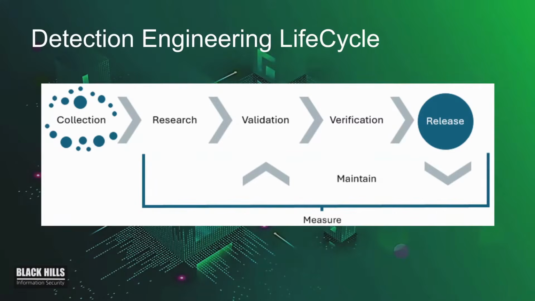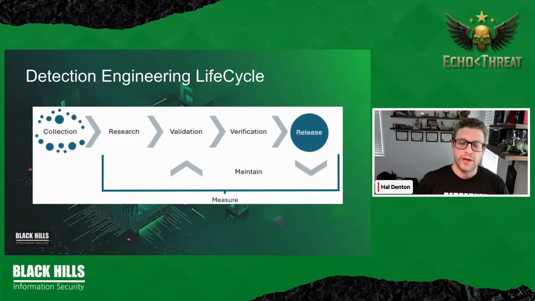So there's the collection phase, the research phase, the validation phase, verification, release, maintain, and measure. Those are all the steps required to create, deploy, and monitor your detection once it's been deployed. And today we're mainly going to focus on verification. What can we do for verification?